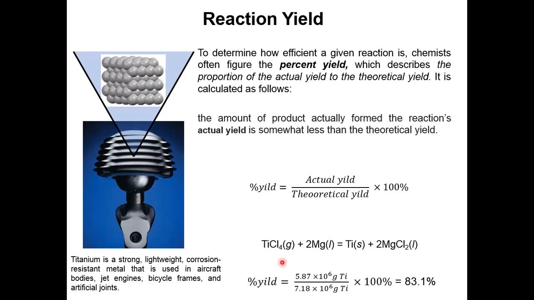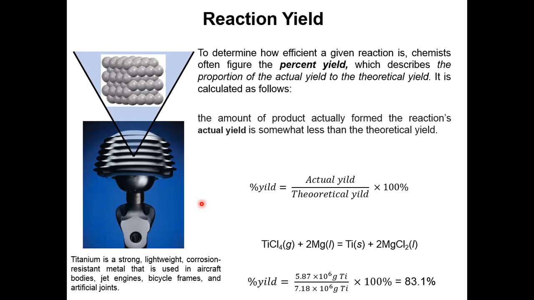So in this particular case, it was found that the theoretical amount of titanium solid, because titanium is, by the way, very widely used in medicine. Artificial joints are made of titanium because it's very stable against corrosion.